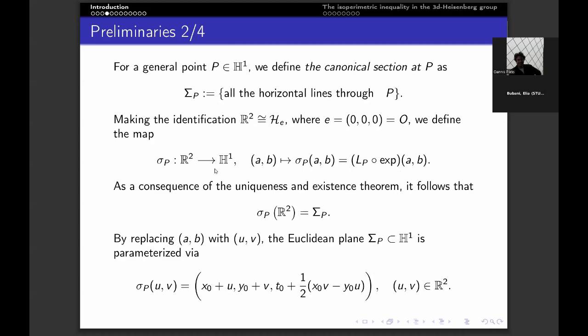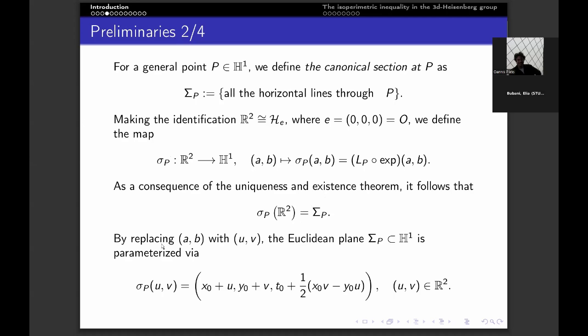And we can use the uniqueness and existence theorem for the integral curves. And we have this identification that the image of the R2 plane using this map is practically the space of all the horizontal lines through P. And these lines are forming the plane sigma at P. We can now choose a parameterization for this set for sigma at P using this map by these facts here.